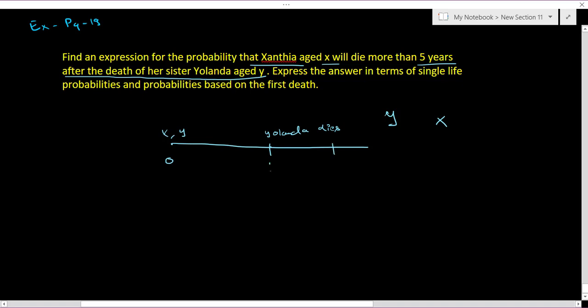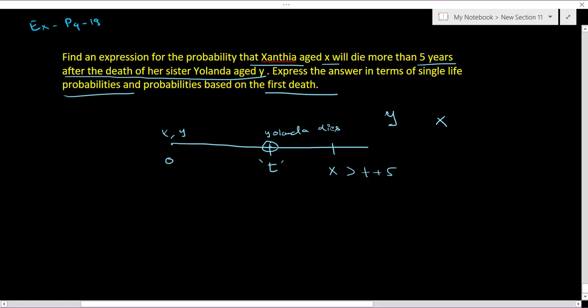So maybe the time of death of Y can be called t. That is the critical event here that we have to model. So if the lifetime of Y is equal to t, the lifetime of x has to be greater than t plus 5. That is what I want here. So we express this answer in terms of single life probabilities based on the first death, that is, the death of Yolanda.